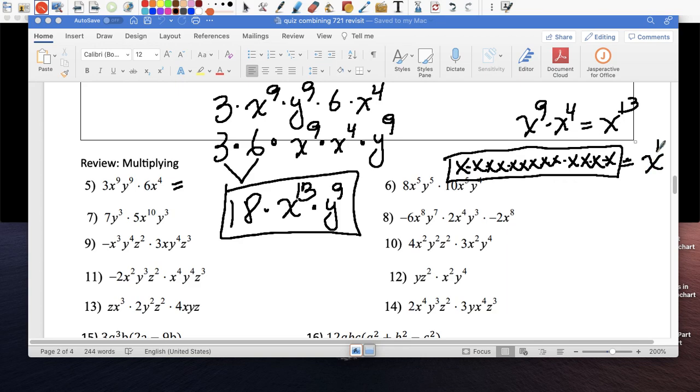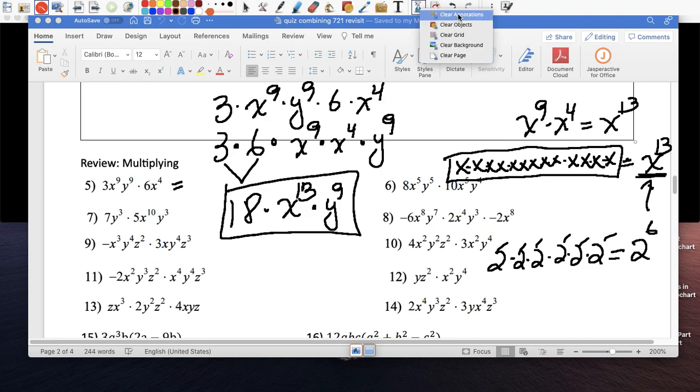It's x to the 13th power. Or if I gave you 2 times 2 times 2 times 2 times 2 times 2, and I said, that's the expanded form, what would be the exponential form? Well, this is the same thing as 2 to the 1, 2, 3, 4, 5, 6 power. It's the same thing here, except that we're using letters.